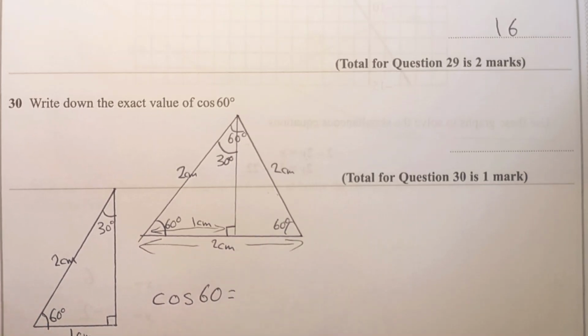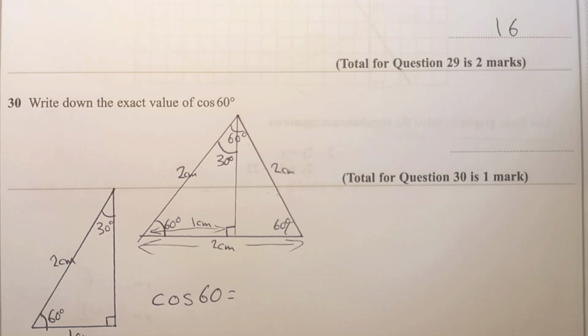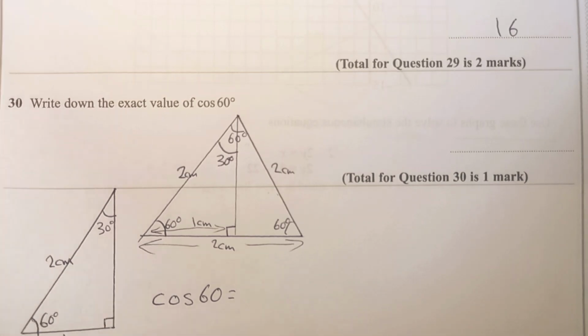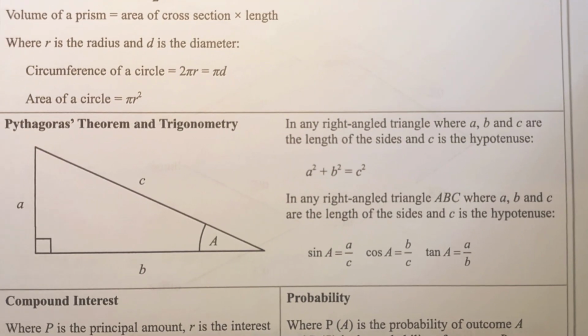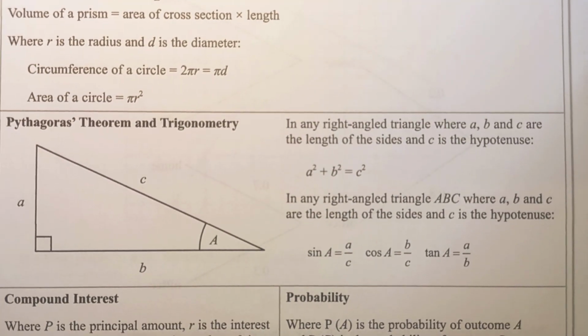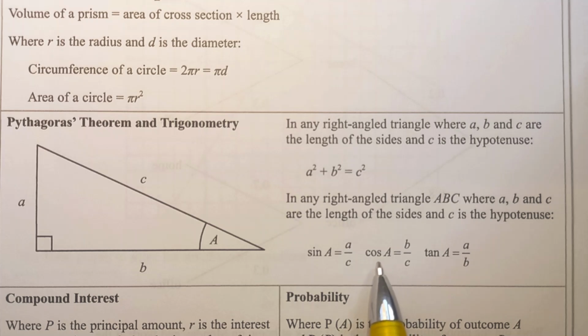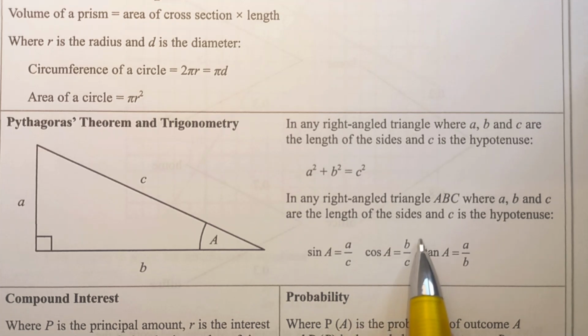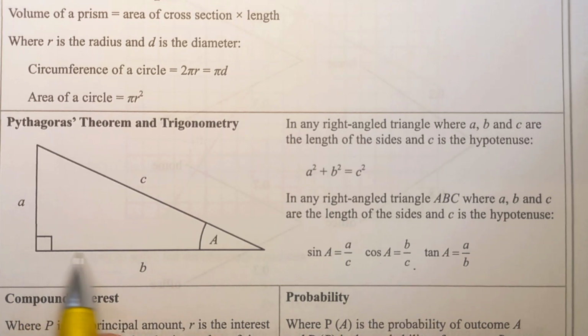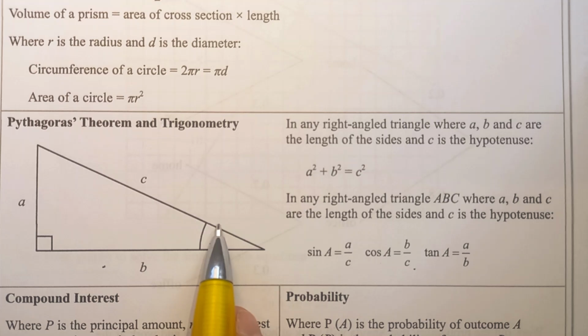Well, now you can think, this is just trigonometry. And in fact, we are given the formula for this. So if we go on the back. Now, whether they're going to continue to give these formulas or not, you want to check. But they have been given previously. So cos of the angle is B over C, where B is the adjacent and C is the hypotenuse.